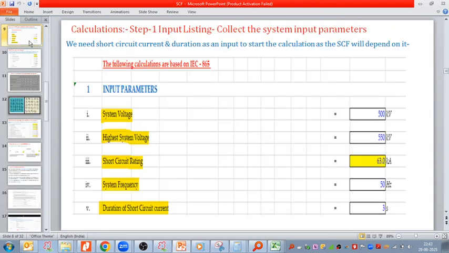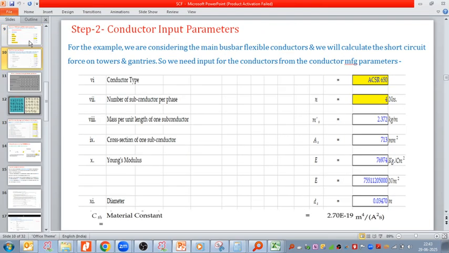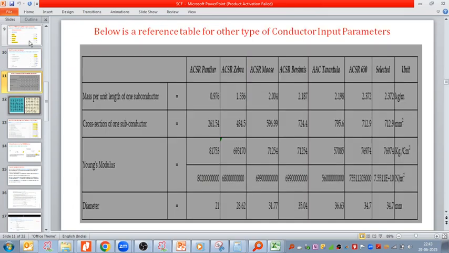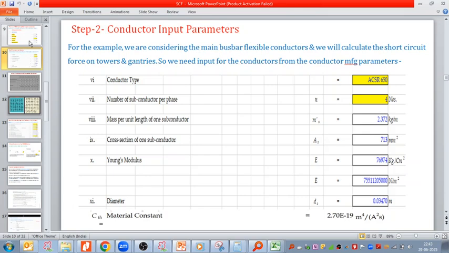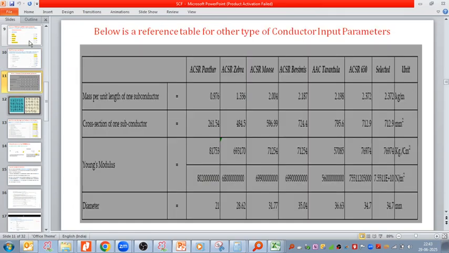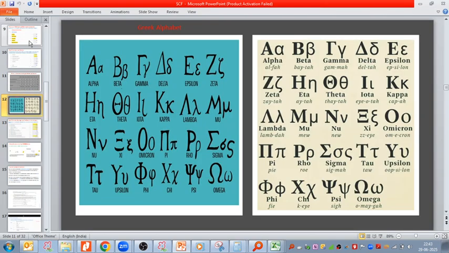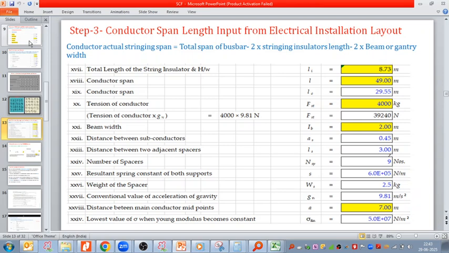Here we discussed the system input parameters like voltage, current, short circuit current, and then the conductor input parameters. Since ACSR 650 I'm taking, but usually we take Panther, Zebra, those conductors. For that, I have made one table for ready reference so that anyone can refer to it. Then we use the Greek alphabet symbols, and then conductor span. So we discussed till here, the conductor span.